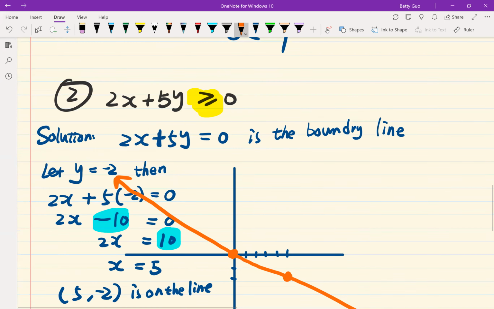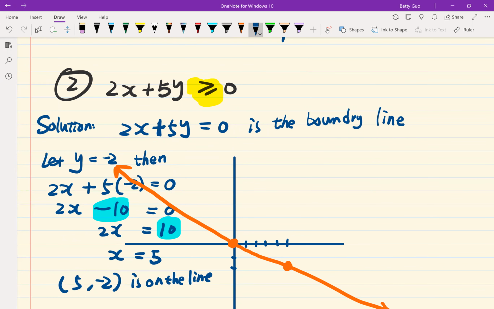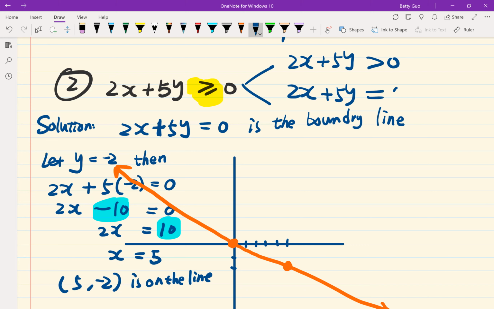Let me explain the original inequality. The original inequality actually means 2x plus 5y bigger than 0 or 2x plus 5y equals 0. This part means all the points on the boundary belong to the solution set, right?